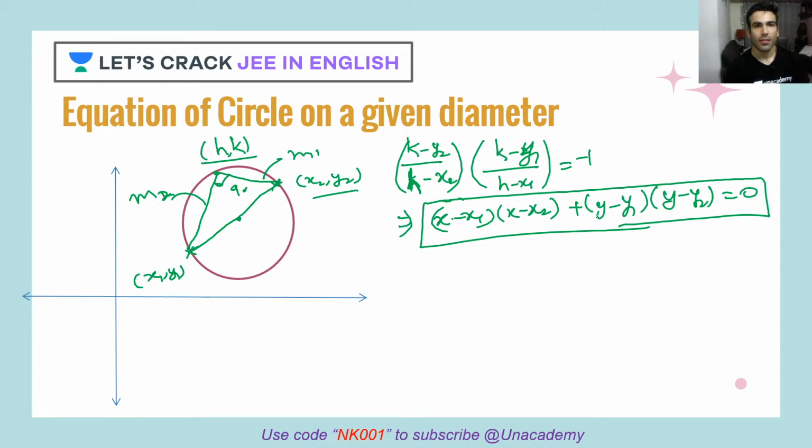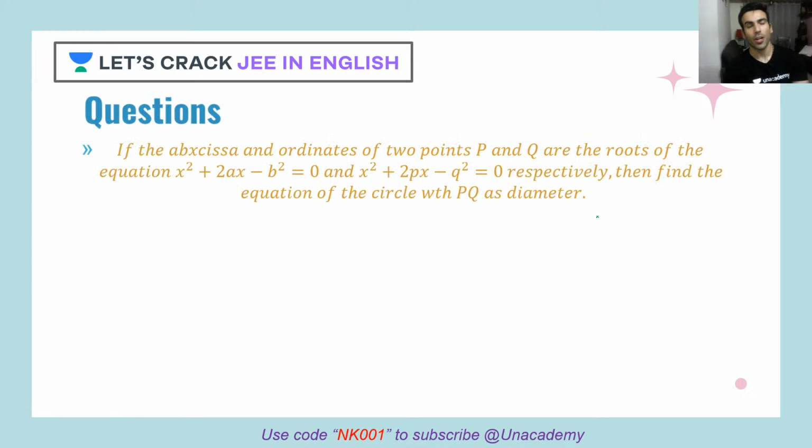Okay, I hope this is clear with you guys. Let's move to another form. We have got a question. If the abscissa and ordinates of two points P and Q are the roots of these equations, let's say this has roots x1 and x2, and this has roots y1 and y2.